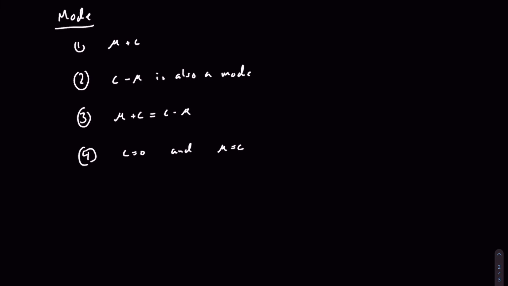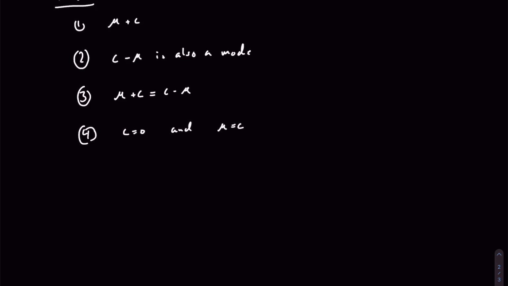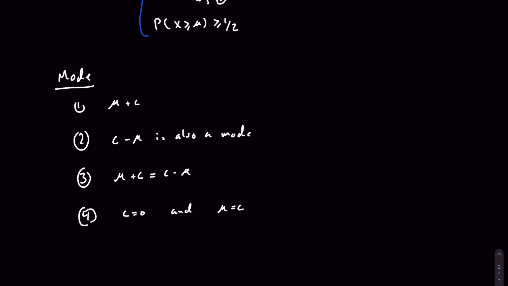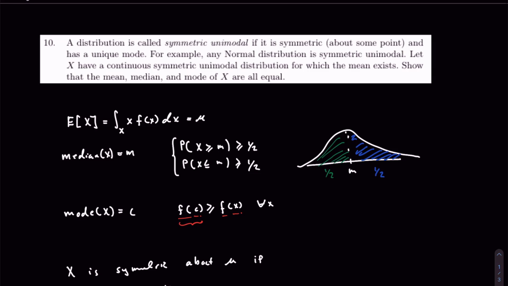So it means that the mode and the mean and the median are all mu. Okay. So now going back to the question, we have shown that the mean, the median, and the mode are all equal.